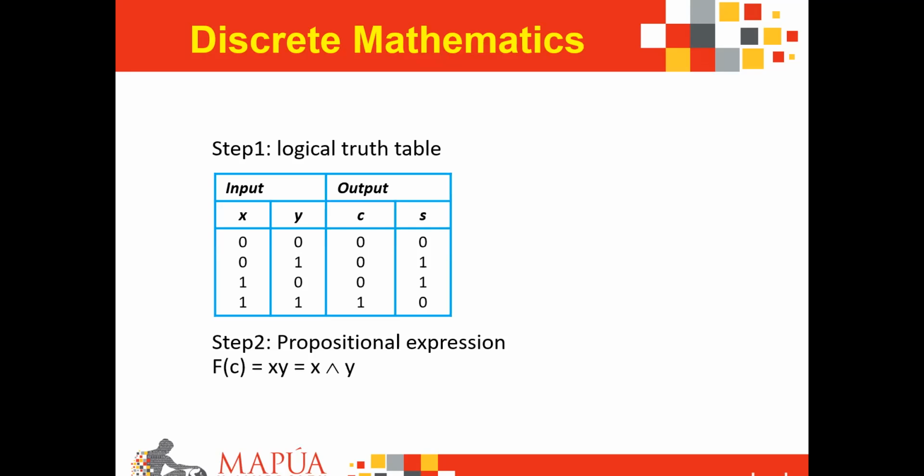The propositional expression for your carry has an output of 1 only at this combination or Boolean product, which is X times Y, or X and Y when converted into propositional expression. Whereas for your sum, you'd end up with X not Y plus X times Y not, eventually giving us a propositional expression of not X and Y, or X and not Y.